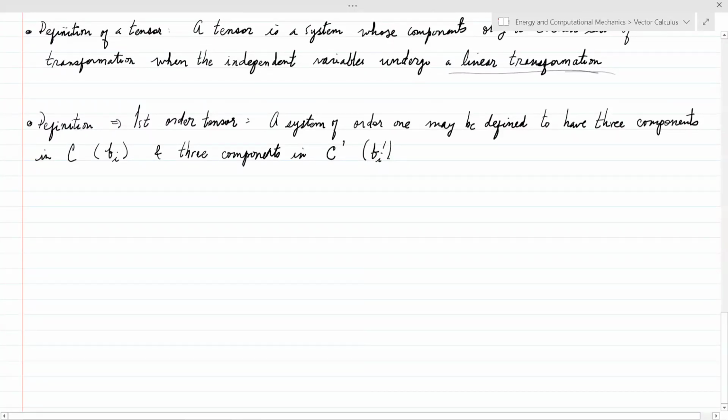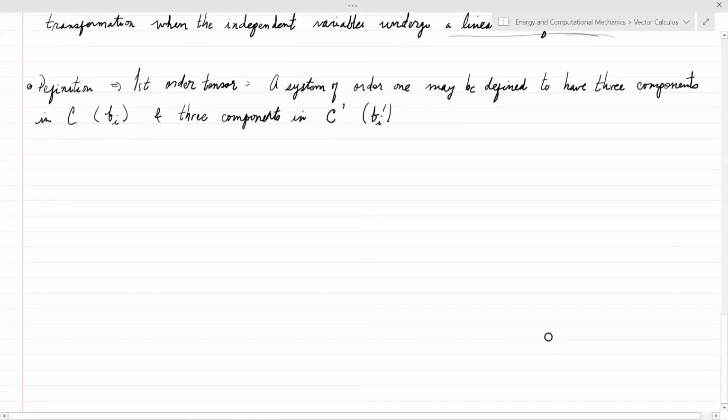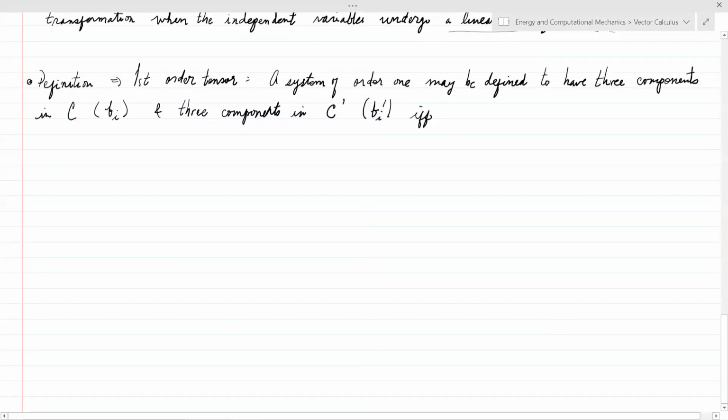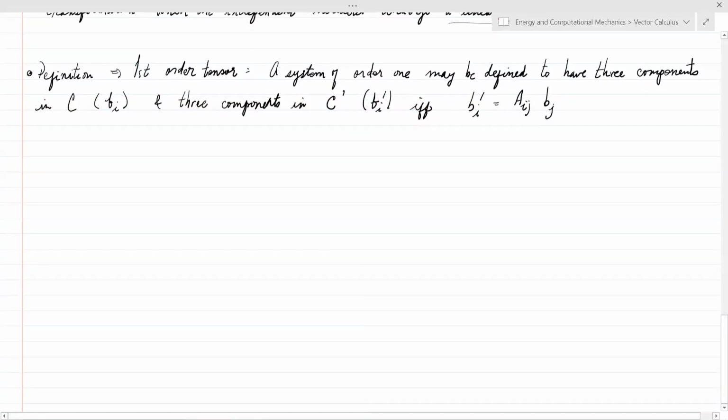Okay, and if I'm able to do this transformation, bi prime equals aij bj, and the functions bi and bi prime are components in their respective coordinate system.